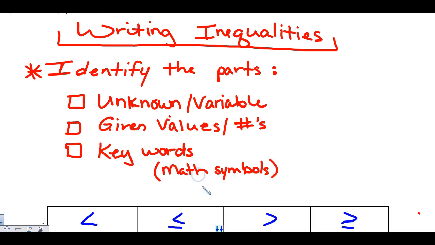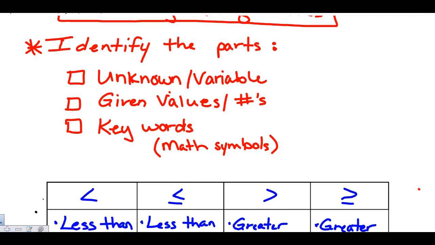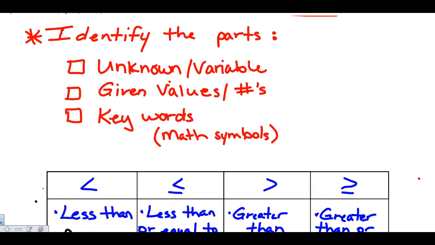So if I'm doing an addition problem or subtraction problem inside of an inequality, I need to know those keywords as well. The keywords for addition, subtraction, multiplication, and division all still apply. Good news is you have already encountered those. So all we really need to focus on here is these keywords for the inequalities.